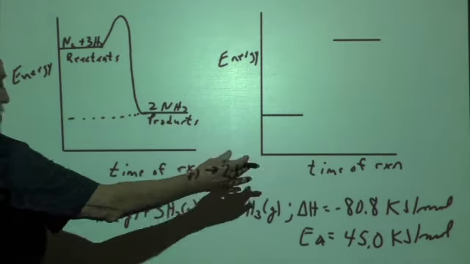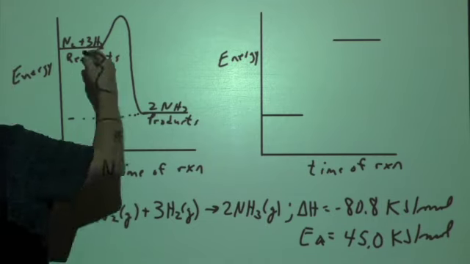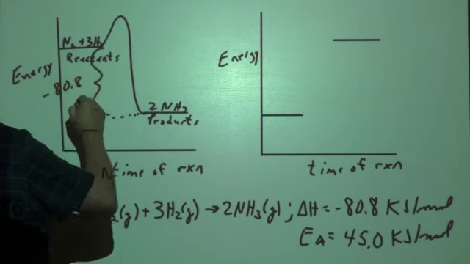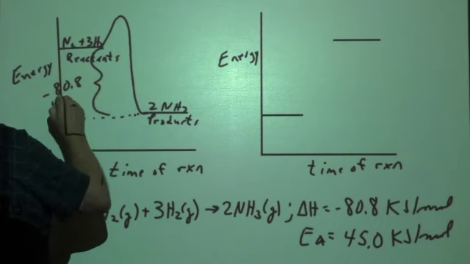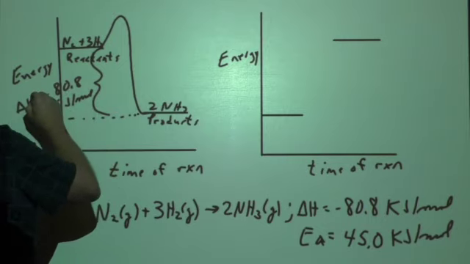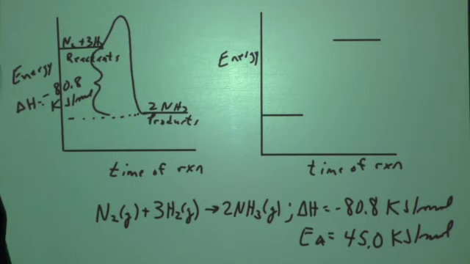How dramatically? Well, according to this diagram, that change in heat levels from this level to this level is negative 80.8 kilojoules per mole. And that is described in the delta H. So this difference of platforms is your delta H.